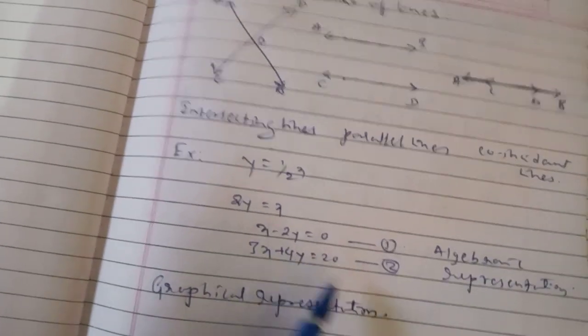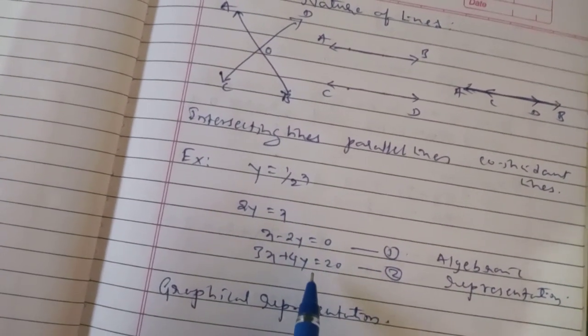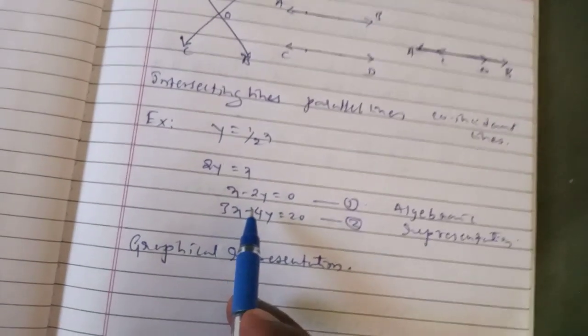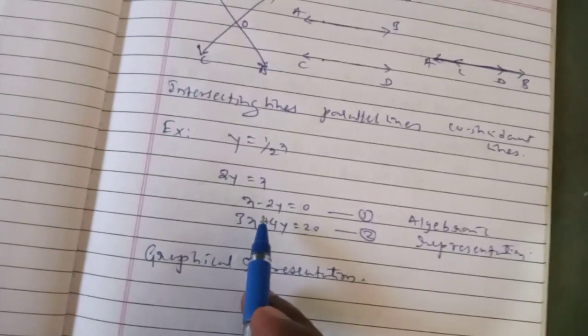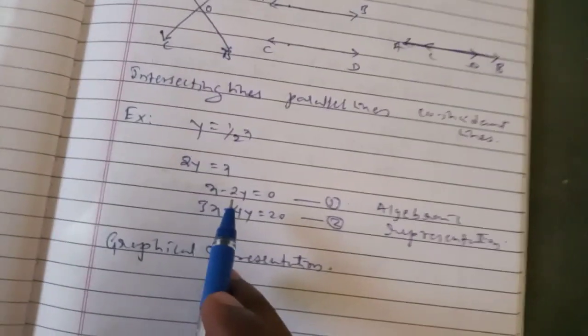Graphical representation: you take the two equations. You already know how to find the solutions of this equation and this equation, because you have learned about finding solutions of linear equations in two variables in the earlier class.